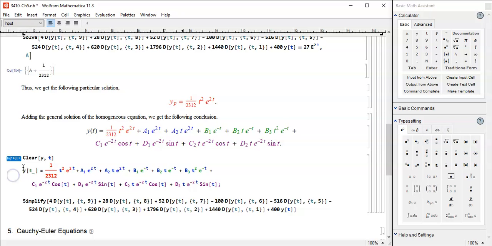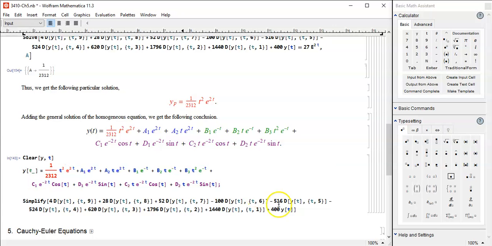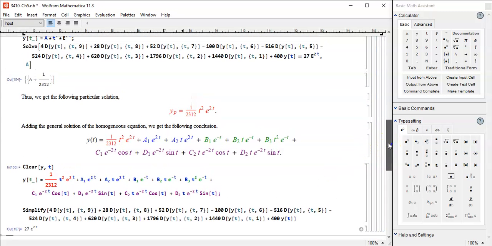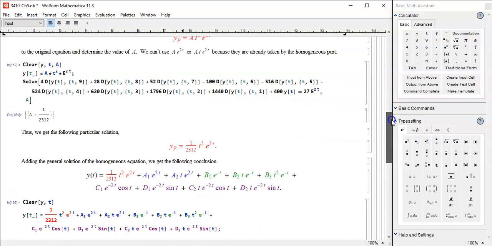We first clear the variables, and then define your function, and then here's the left-hand side of that differential equation. 9th derivative, 8th derivative, 7th derivative, and so on. Everything is here. And run it. What do I get? Do I get the right-hand side? 27 e to the 2t power? Yes, we did, which means we did it right.